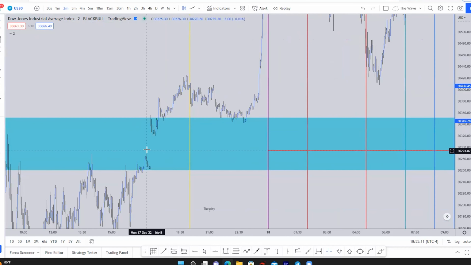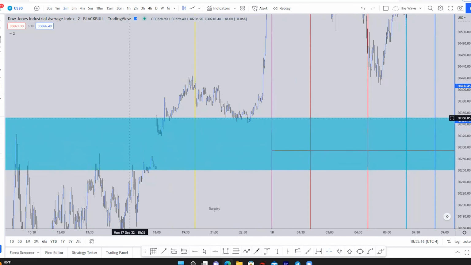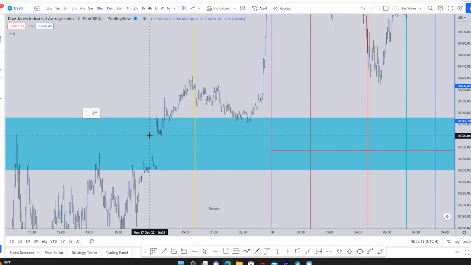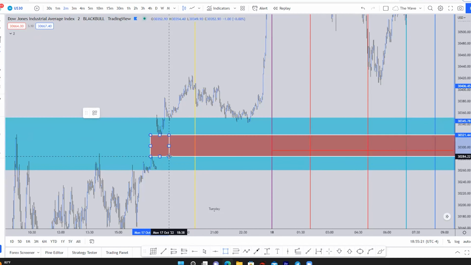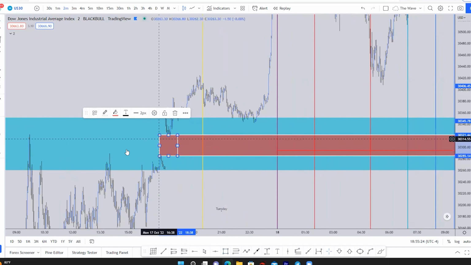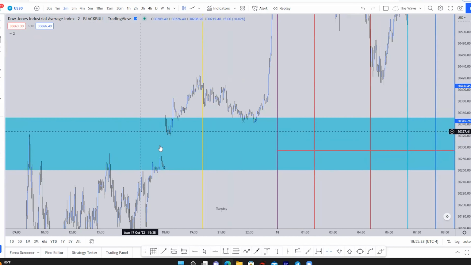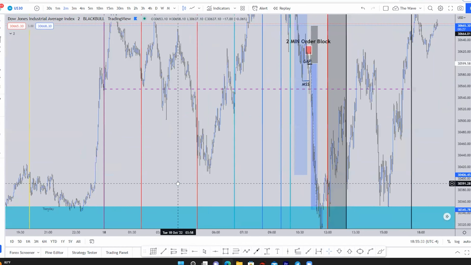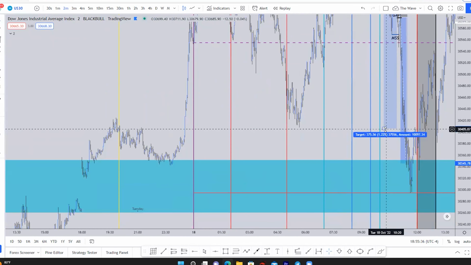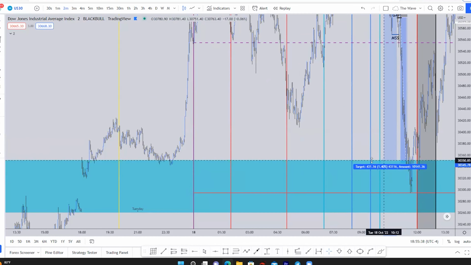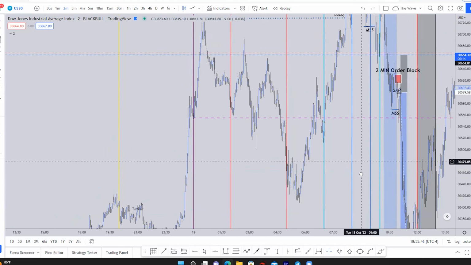Because yesterday, just before the market started, we had this huge gap from here to here, a giant gap, and it's even bigger on the higher time frame. That's what this blue box is down here, I think it's a 1 hour or 4 hour gap. That would have been your overall target, and you could have gotten over 400 or more, almost 500 points there if you got the early entries.